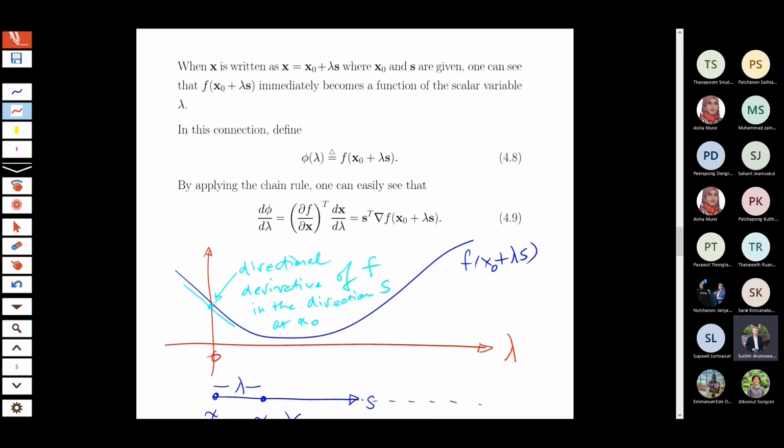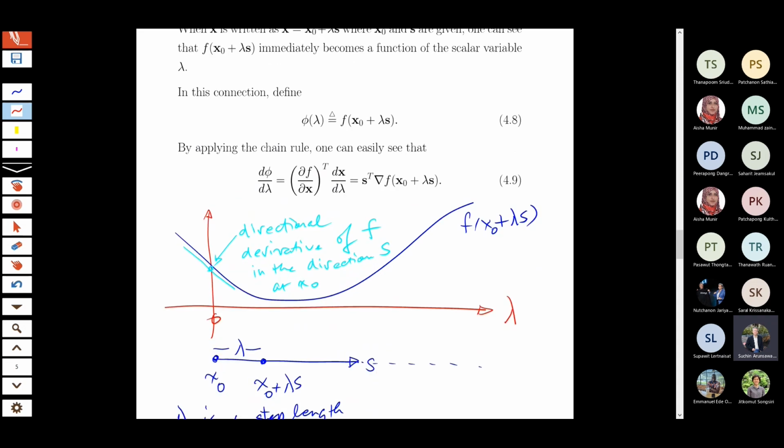So for convenience, we define phi of lambda as f of x naught plus lambda s. Now you see that x naught and s are known, so the only variable is lambda.